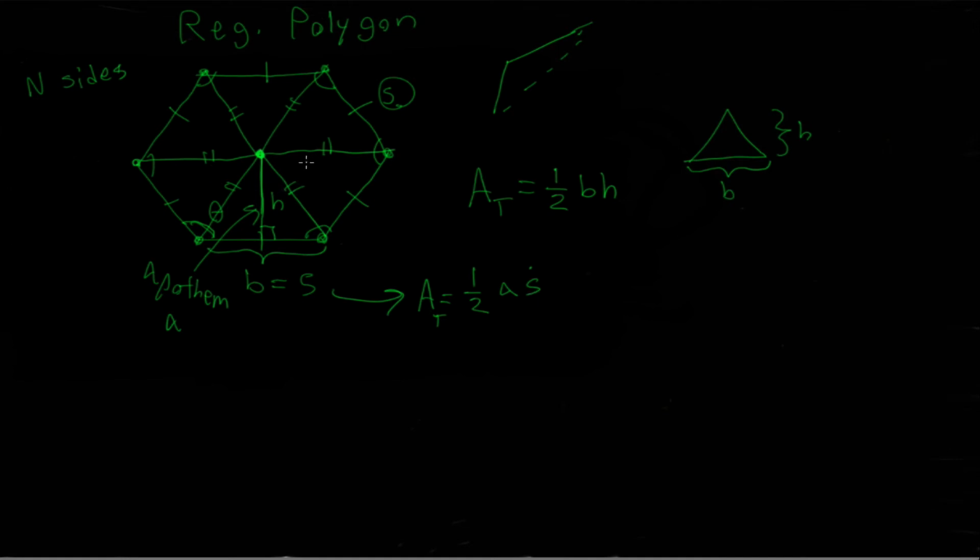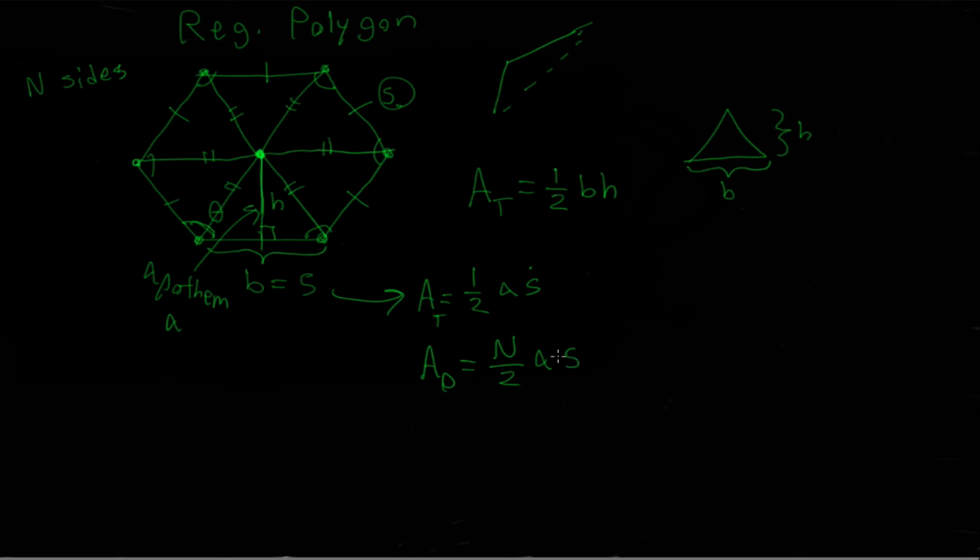So in here we have 6, but let's just say we're dealing with a polygon with n number of sides. We don't know how many, but we know it's some number. And there are as many triangles as there are sides, so for the area of the total polygon, we can write the number of sides divided by 2 times the apothem times the side length. Now here's one more neat thing to do.